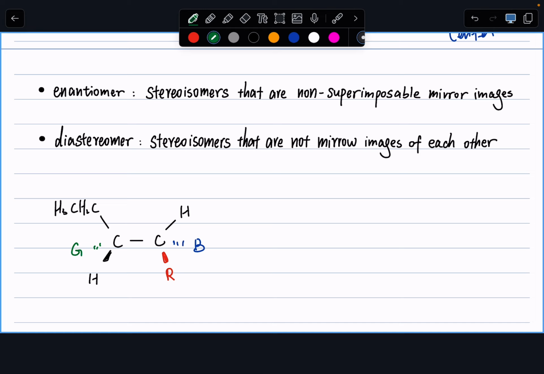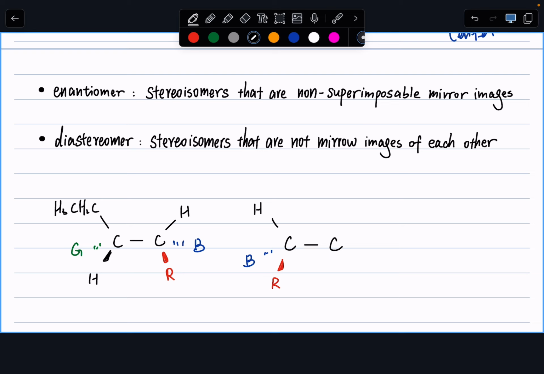And what about the right drawing? I'm just rotating, so they're mirror images of each other. On the right-hand side, we have carbon, with the red one coming out at me and the blue one pointing away from me, and then the hydrogen is in the same plane as my carbon-carbon bond.